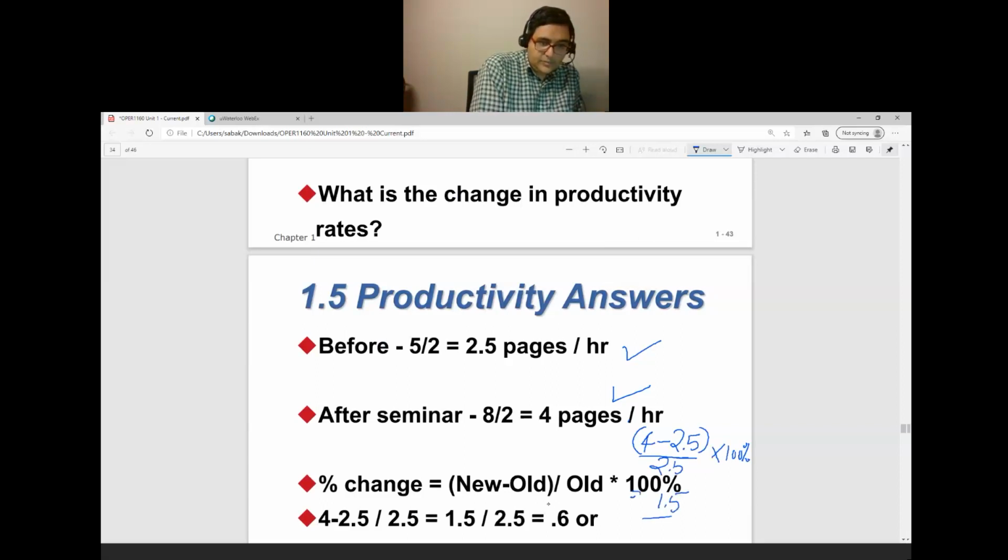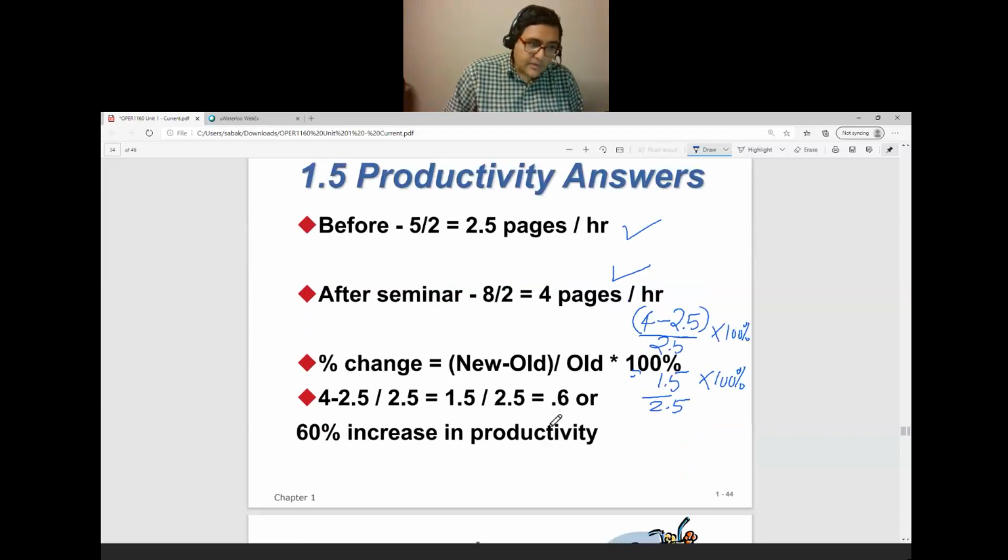So if I want to find my percentage change in productivity, it is 4 minus 2.5. This is the change in the productivity. I divide this by 2.5 and multiply by 100 percentage, which equals 1.5 divided by 2.5 multiplied by 100 percentage, which gives me 60 percentage.